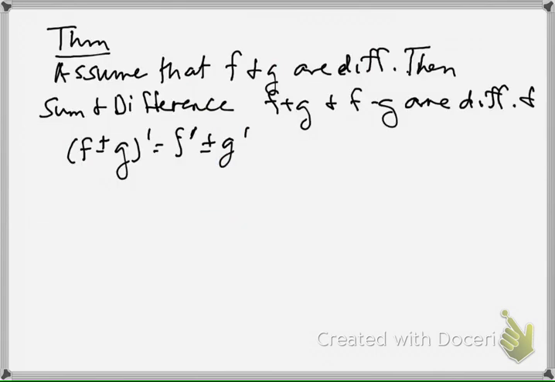So we have a theorem that says that if f and g are differentiable, then their sum and difference are also differentiable. If I take the derivative of f plus g of x, it is the derivative of the sum or difference of each of these functions individually.